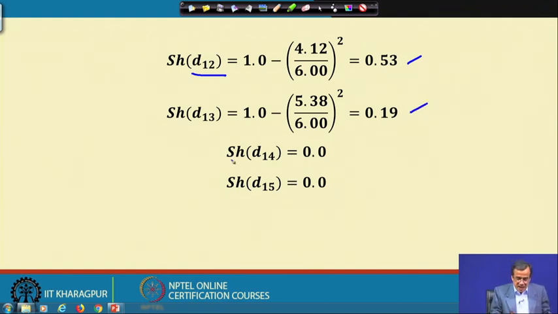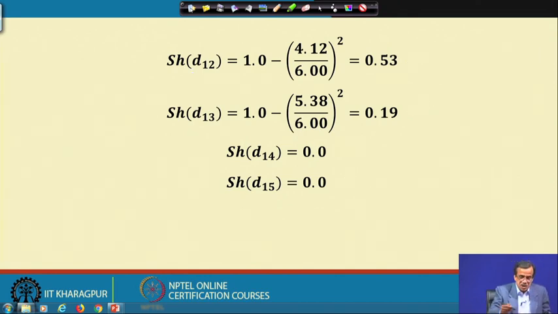Next is the sharing between 1 and 4. The distance between 1 and 4, that is d 1 4, is found to be more than 6.00. So, the sharing between 1 and 4 will become equal to 0.0. Similarly, the sharing between 1 and 5 will be 0.0, as the Euclidean distance between 1 and 5 is more than 6.00.